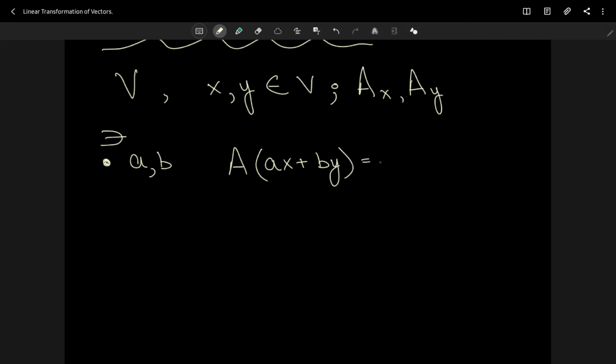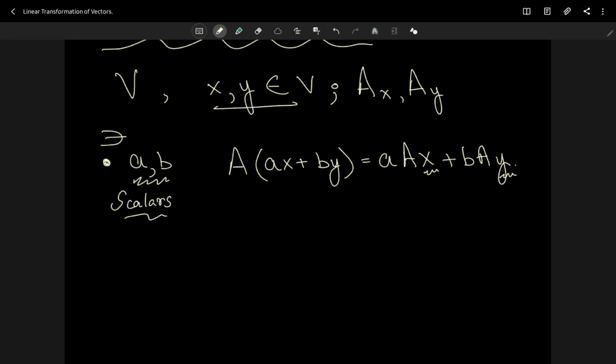And that gives you aAx plus bAy. Now note over here that these x and y are the vectors that belong to this vector space V, and these a and b, they are scalars, right? And that's why we can write it like this.